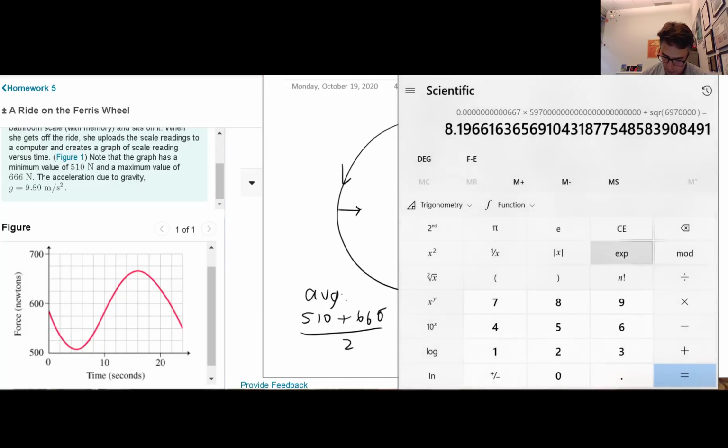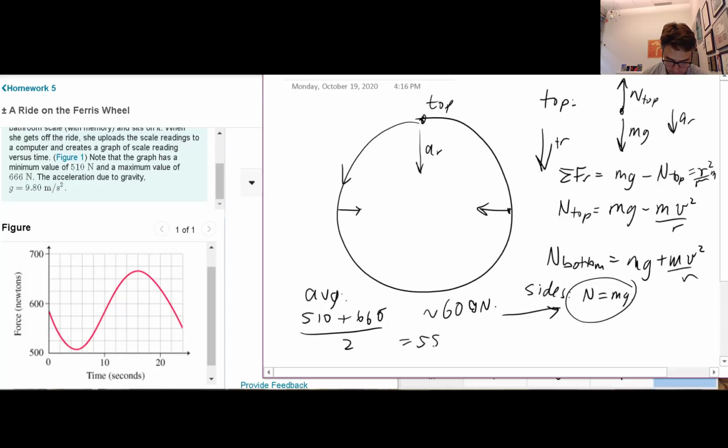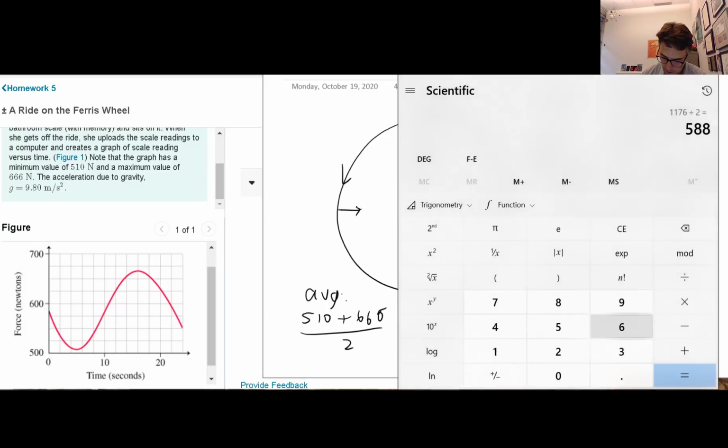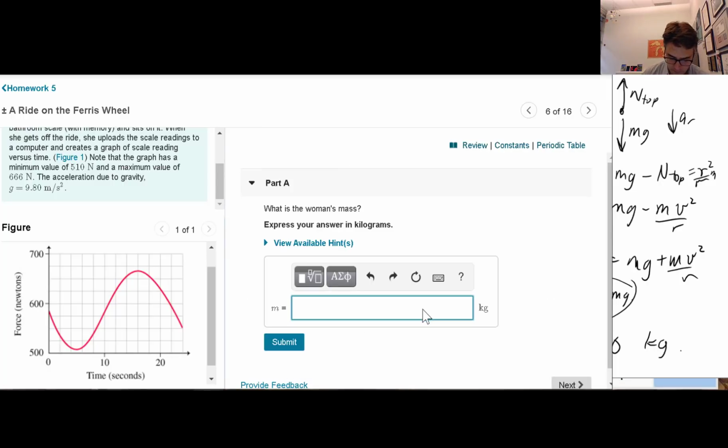So maybe we'll actually do that. 510 plus 666 divided by 2 equals 588. And if you want to find her mass, mass is equal to the normal force divided by g. So divided by 9.8 equals 60 kilograms. Let's do 60.